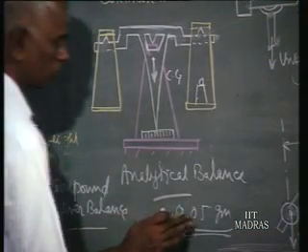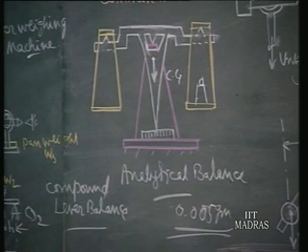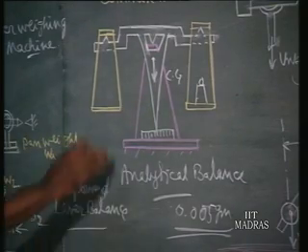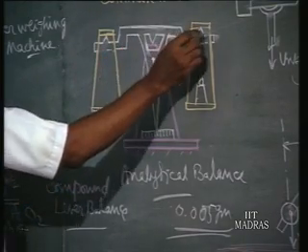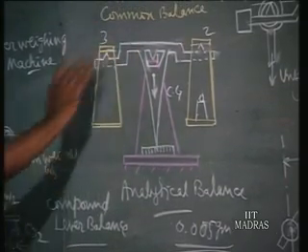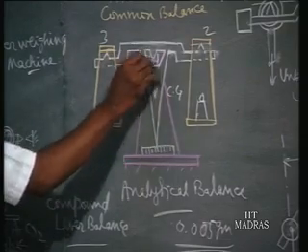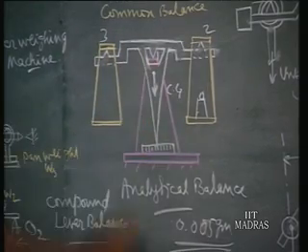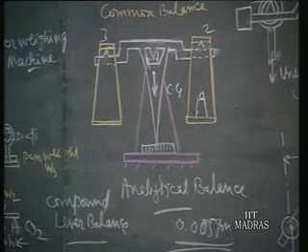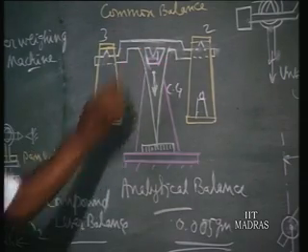We have standard weight boxes, and here we have three knife edge bearings: middle 1, and ends 2 and 3. There are two pans, and from the middle point the other two knife edges are at equal distance, and the CG of this lever is below the middle knife edge.